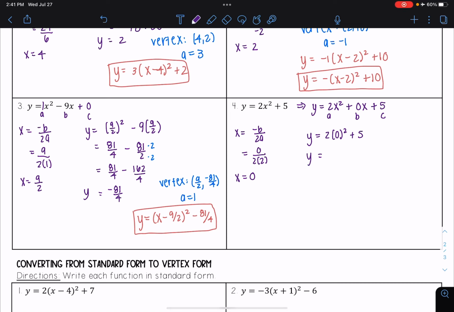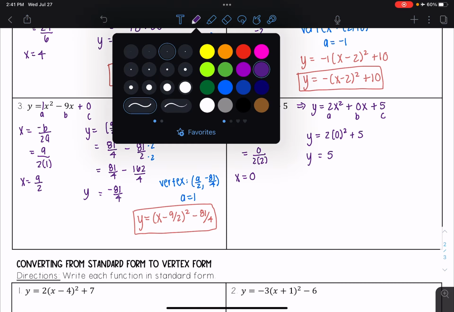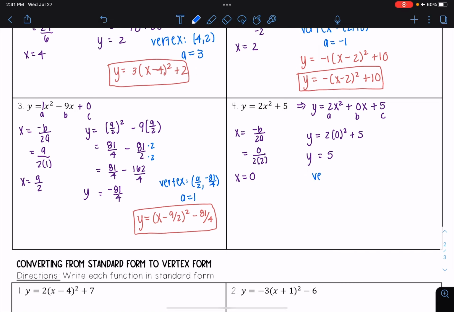So I get that y is equal to 5. So here my vertex is just going to be 0, 5. My a value here is 2. And so plugging that in, I have that y is equal to 2 times x minus 0 squared plus 5.